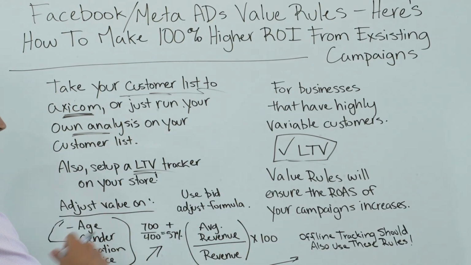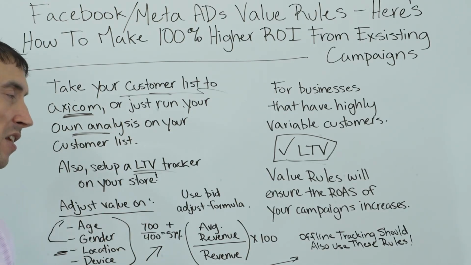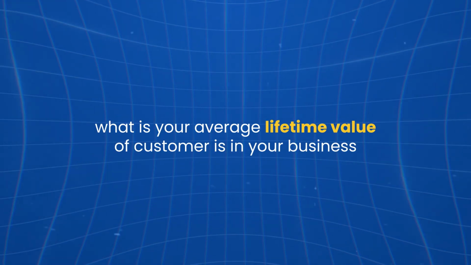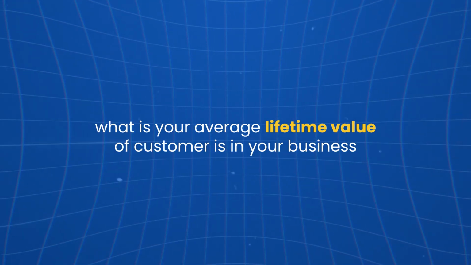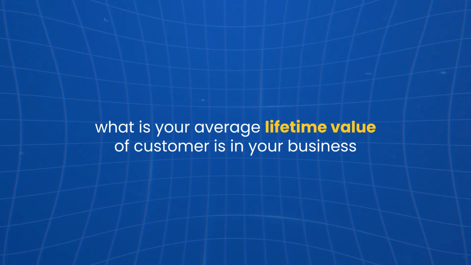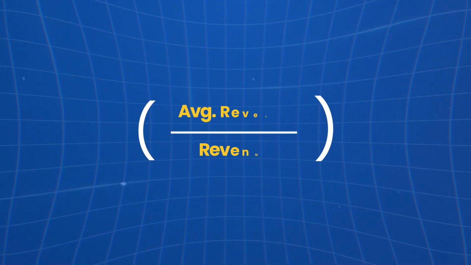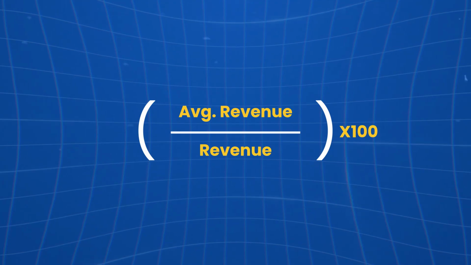In order to utilize this data and set yourself up to win here, all you need to do is figure out what your average lifetime value of a customer is in your business itself, and you put it in this formula, and then you put how much that grouping is worth to your business.